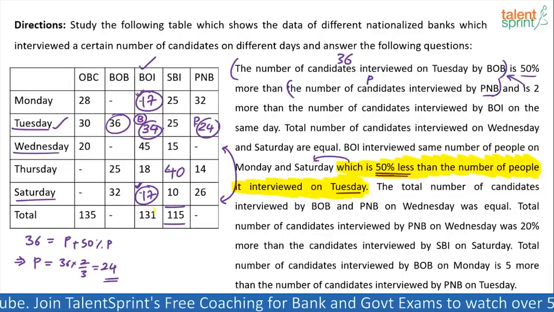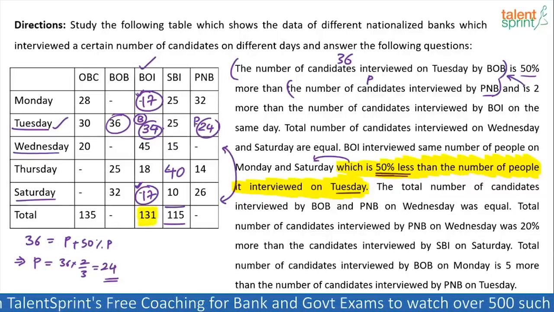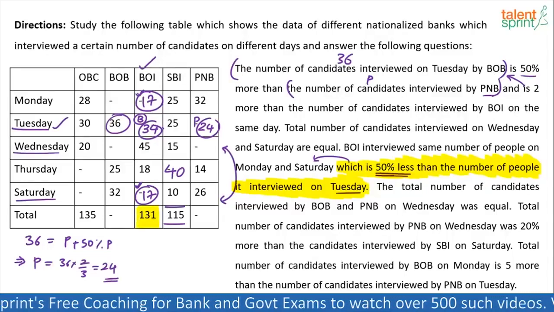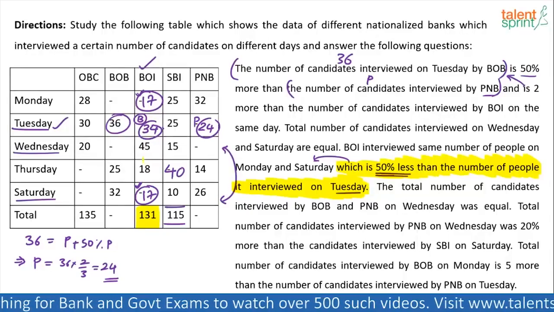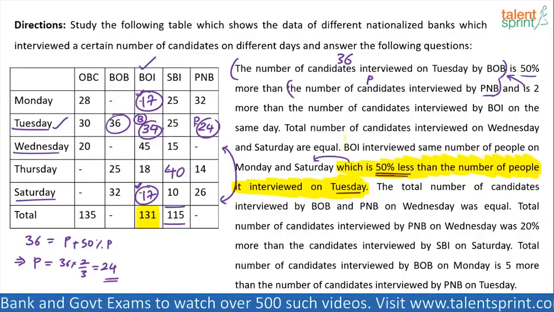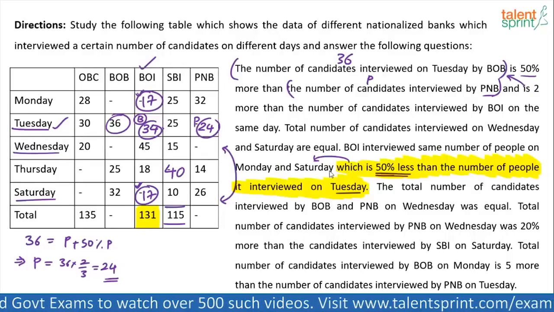See, I know that the total number of candidates that BOI has interviewed is 131. We already know 34 plus 45 plus 18 are the values for Tuesday, Wednesday and Thursday. Then in the previous statement, it said BOI interviewed the same number of people on Monday and Saturday.